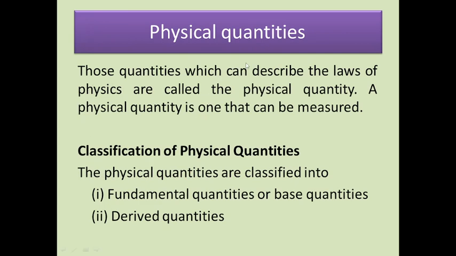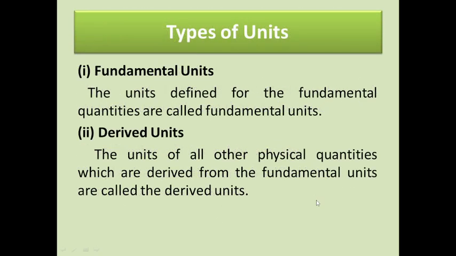So physical quantities are used to describe the laws of physics. Here we can have two classifications: fundamental quantities or base quantities, and derived quantities. Again, if we classify the types of units, we can classify them as fundamental units or derived units.